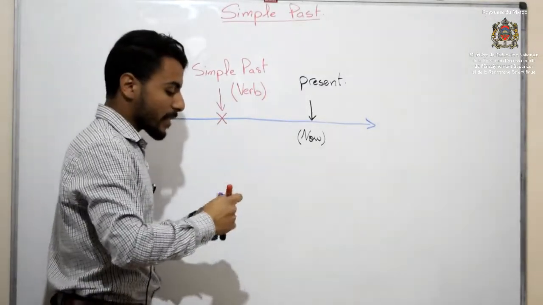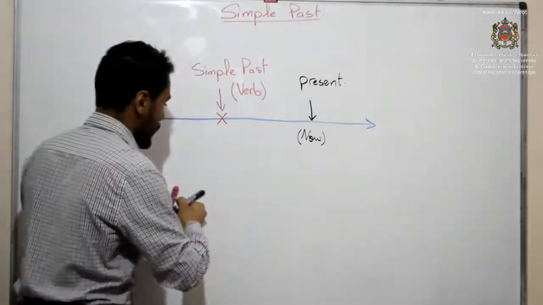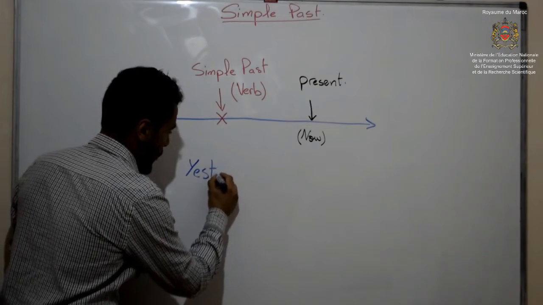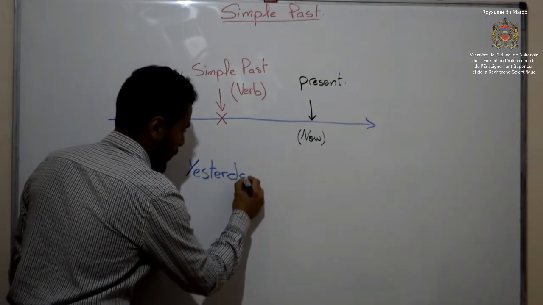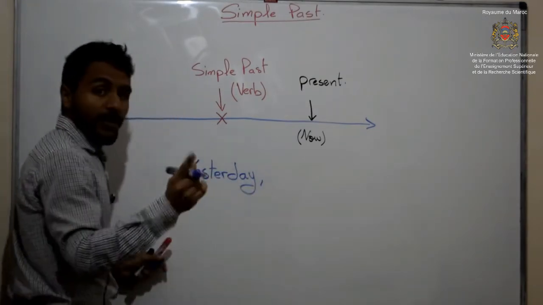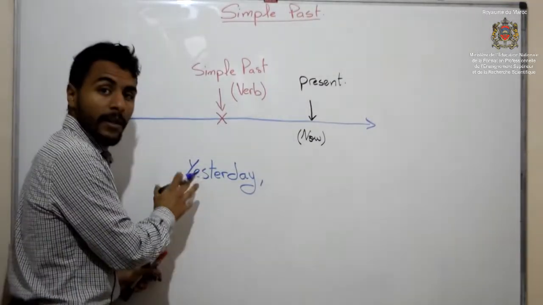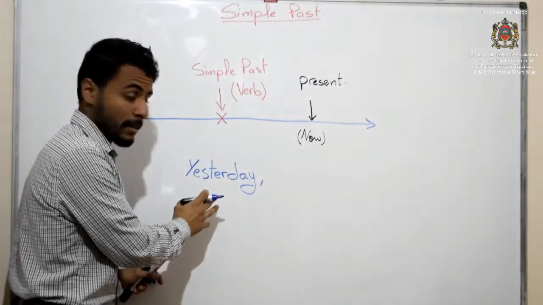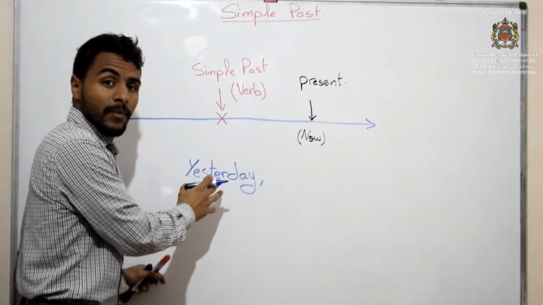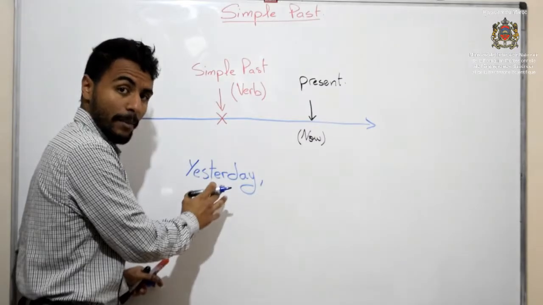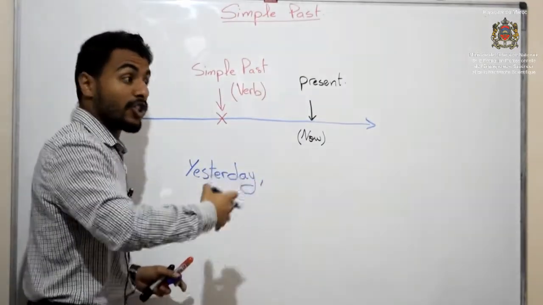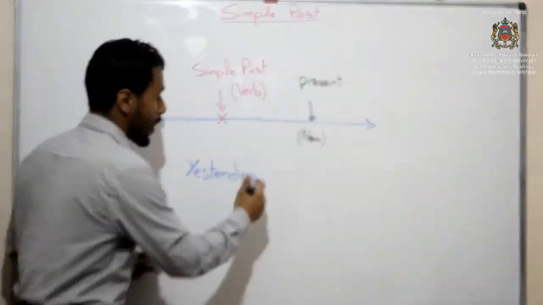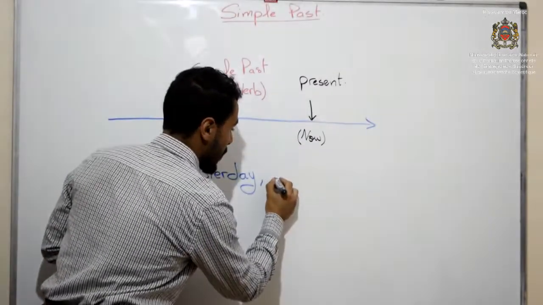I'll give you an example in a sentence. Well, look at this. Yesterday, which is the past, this is an expression of time, which tells you that it's the past. You will know immediately it's the past. Now, I will give you a subject.